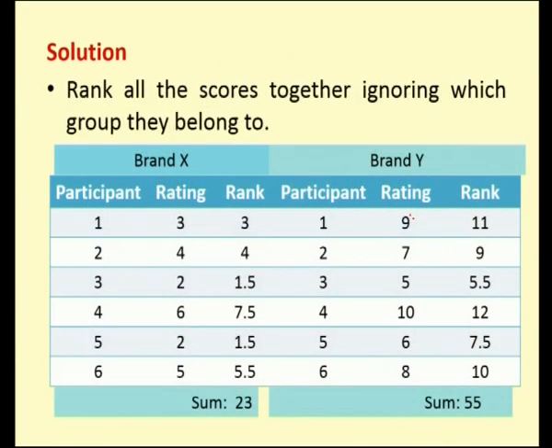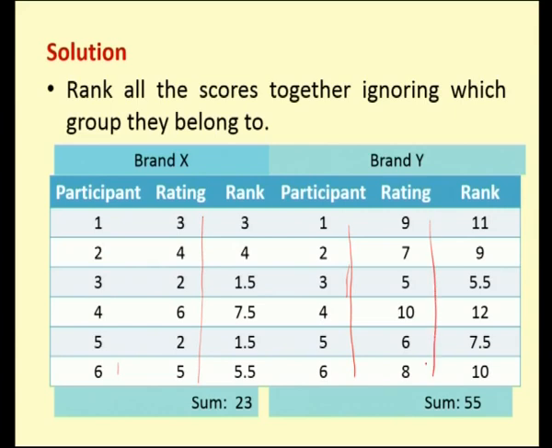Here we will go step by step. The first step is to rank the scores together, ignoring the group they belong to. For brand X, I have the participants with their ratings, and again for brand Y.